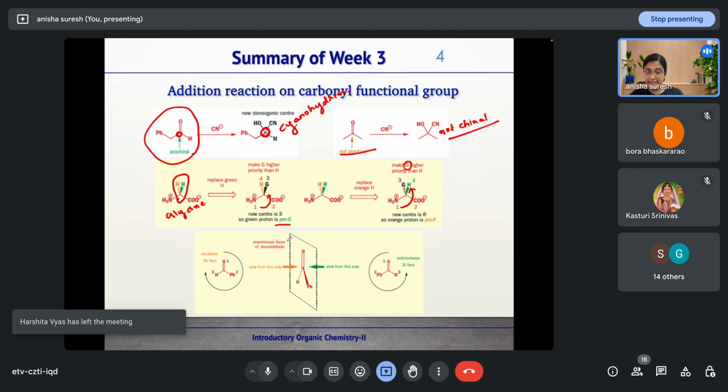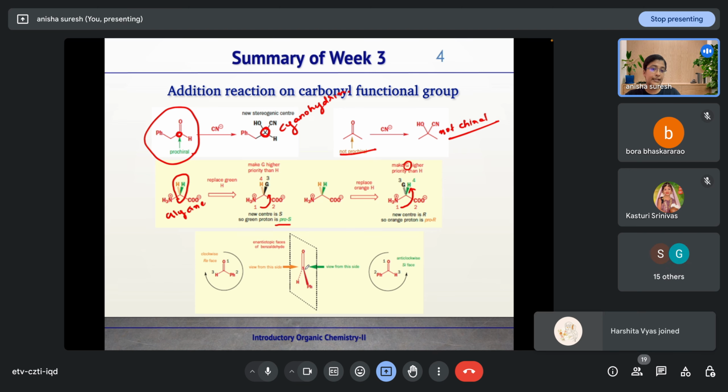If we view from the side, like in plane, we can write this carbonyl compound like this. Here if we are looking from this side, the hydrogen will be on our left hand side and the phenyl group will be on our right hand side. And if we are looking from this side, the hydrogen will be on our right hand side and the phenyl group will be on our left hand side. Accordingly we have written on the plane.